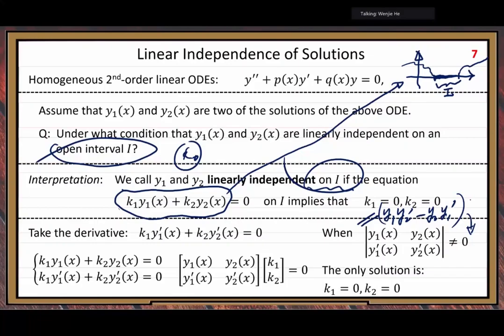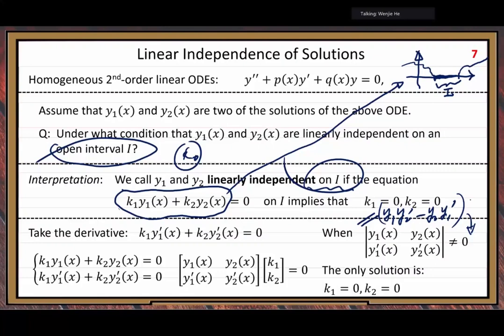You use the Wronskian to check whether the two solutions are linearly independent, that is, a basis or not. But this is for the order 2 case.